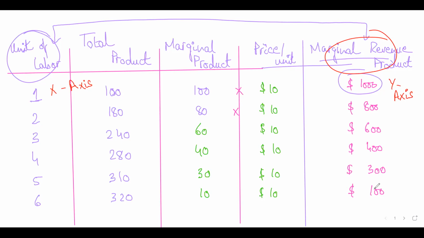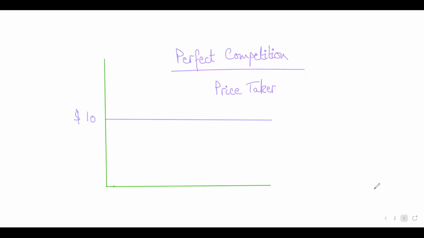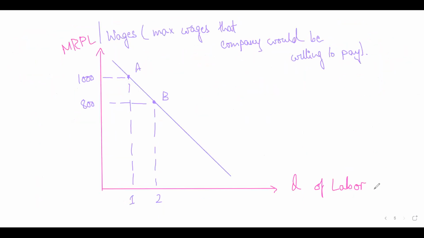Right now you do the same for all the companies or all the businesses that are willing to hire production workers that manufacture t-shirts in that country. Am I making sense here, right?